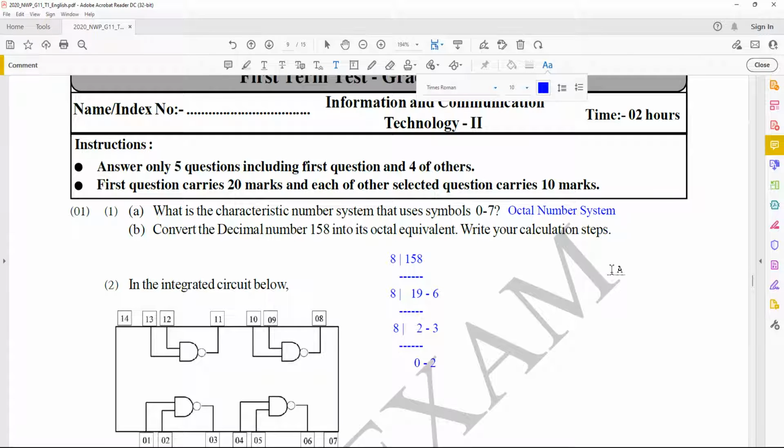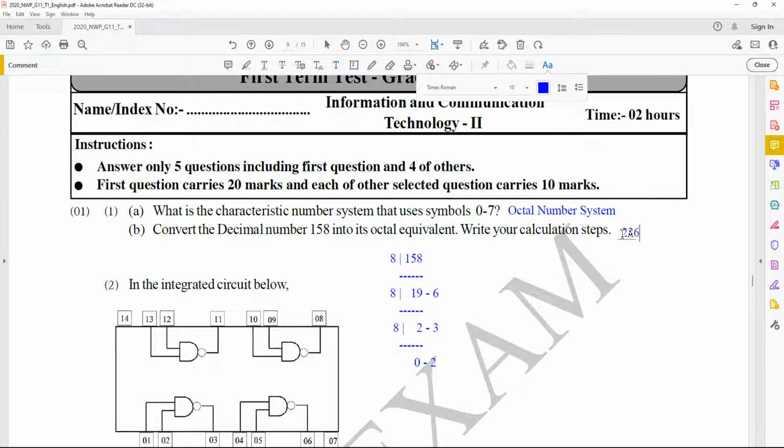So basically the answer for this one is 2, 3, 6. Good. So I got answers from Tarushi and also from the WhatsApp. Yes, I'm getting Malindu's answer. Good.